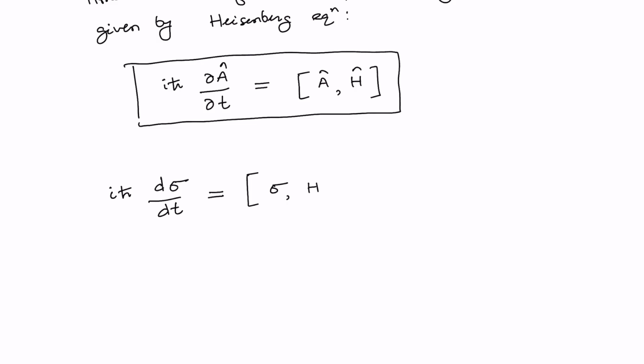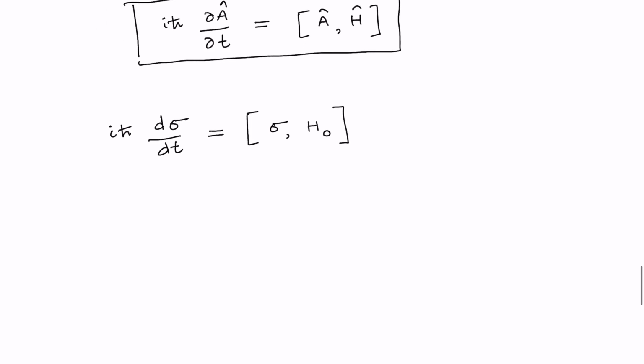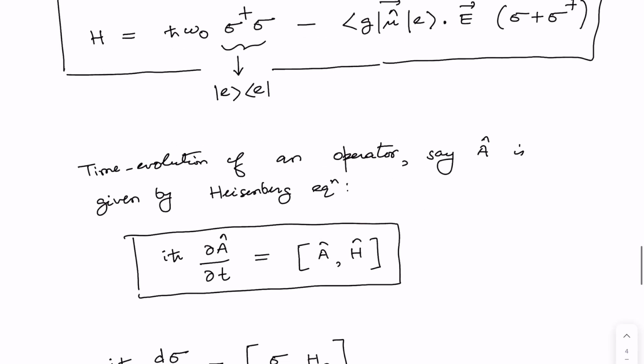For the moment, let us consider only the bare atom, without the interaction, say the light field is not present. Then H0 is σ†σ ħω0, as you can see from here.